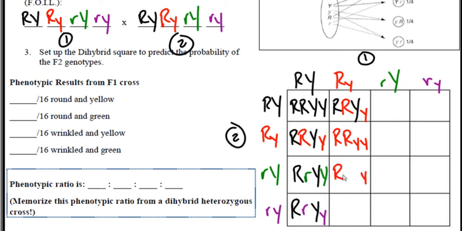And you typically always want to have your dominant alleles written before your recessive ones. Halfway there.